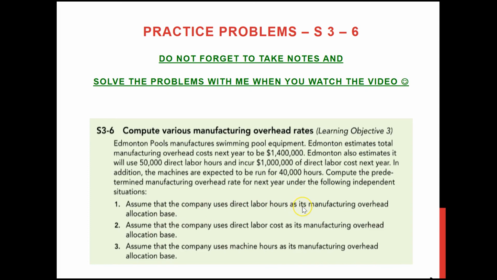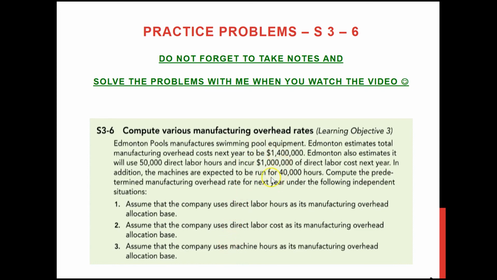For question number one, the allocation base is direct labor hours. For number two, the allocation base is direct labor cost. And for number three, the allocation base is machine hours. And you know the total estimated amount of each allocation base. So these are three different scenarios, and we will assume these are three independent situations.